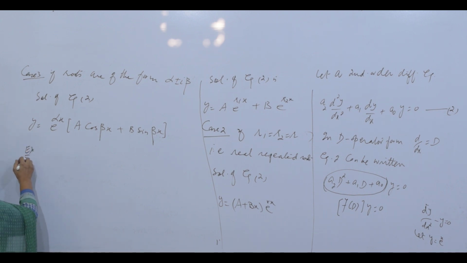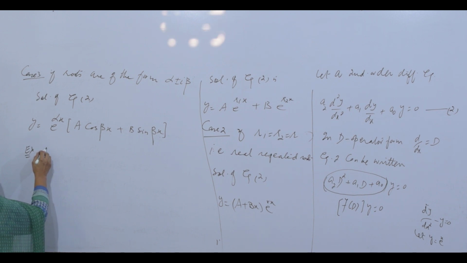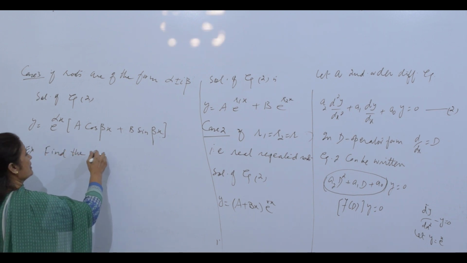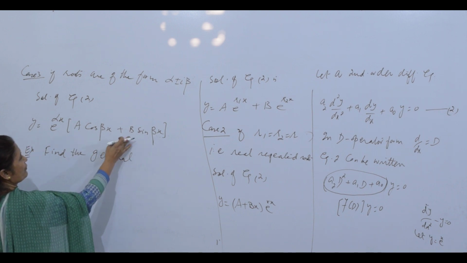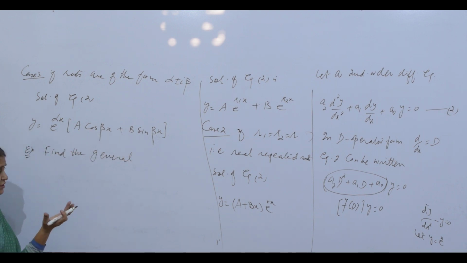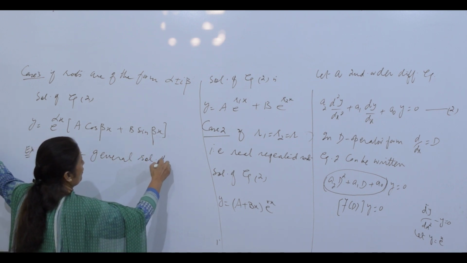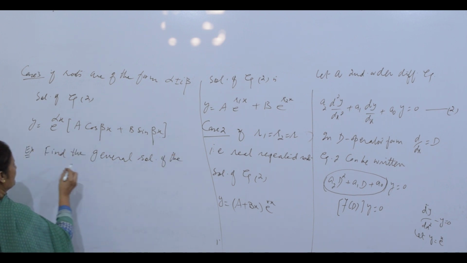Example. Find the general solution, because if constants are appearing, that solution is general. If you find the value of the constants, then the solution is particular. Find the general solution of the following differential equations.